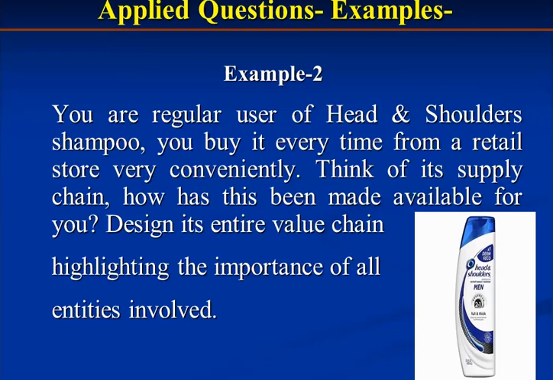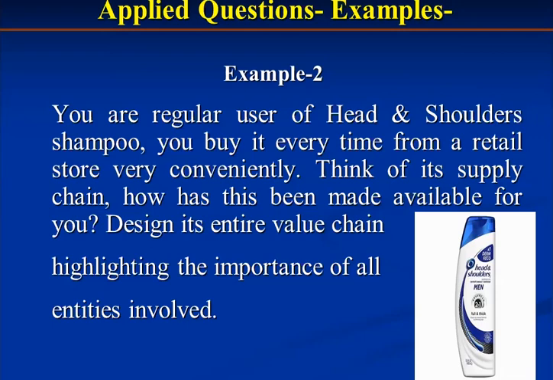So you are always buying it from the retail store, from the convenience store that is near to you, that is available everywhere. But the production of Head and Shoulders is taking place in Karachi or somewhere else, and the product has traveled from Karachi up to your doorstep, up to your street, and up to the nearby areas of your residence.